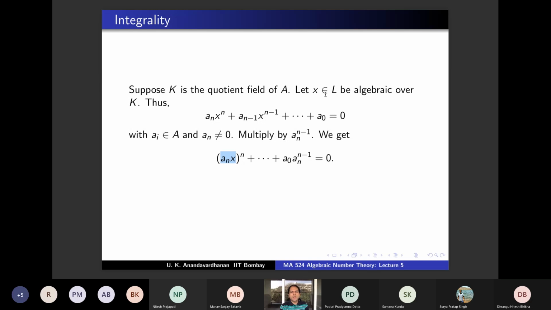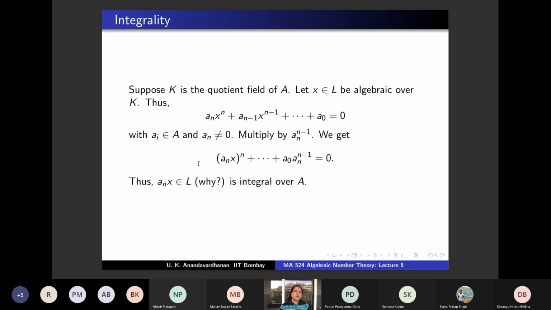If x is any element which is algebraic, then there is a non-zero number with which you can multiply so that it becomes integral. So a_n x is in L, why? Because a_n is in A and A is contained in L. So a_n is in L and x is in L. So a_n times x is in L. And this is integral over A because it satisfies a monic polynomial with coefficients in A. That is the definition of integrality.